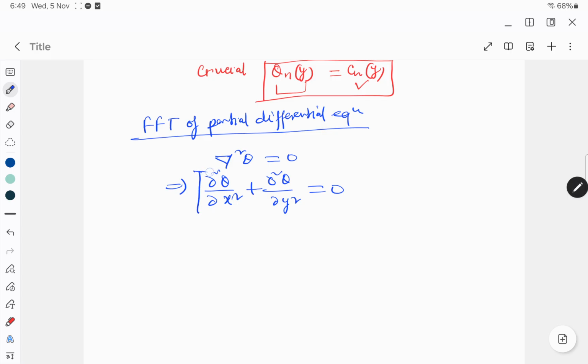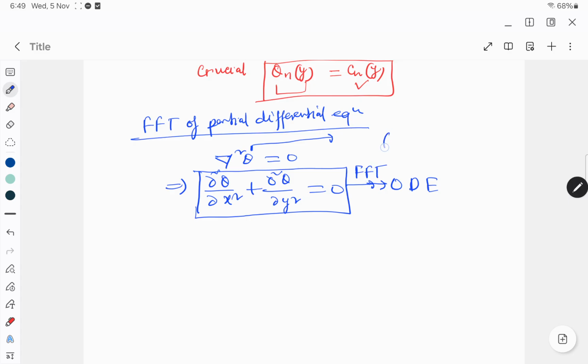Because this theta can be converted into a function of only a single variable, this differential equation can also be converted with respect to a single independent variable into an ODE, an ordinary differential equation, using the tool of FFT.